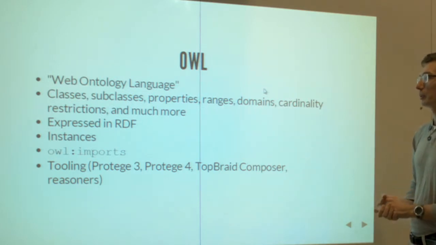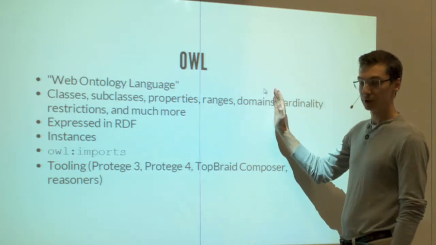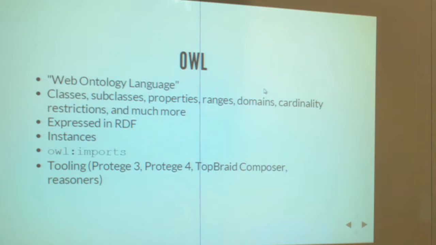About the means, it has basically everything. It has enough means for expressing knowledge: classes, subclasses, properties, ranges, and domains. Up to this point, that is actually RDFS, and then there are cardinality restrictions and much more.